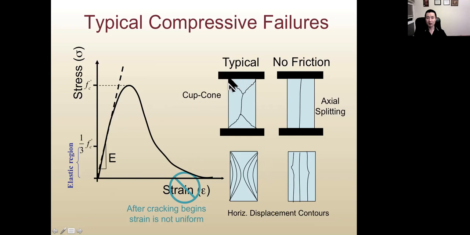Depending on the friction provided by the steel plate at the top and bottom, we could have different fracture surfaces. Without friction, we have straight lines, and with friction, we have a so-called cup cone shape.